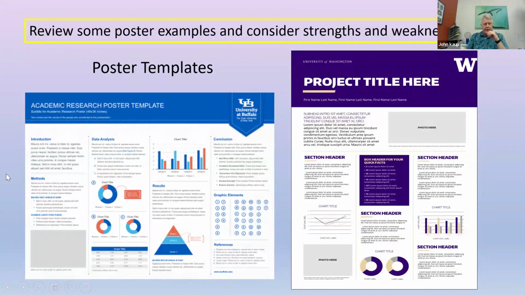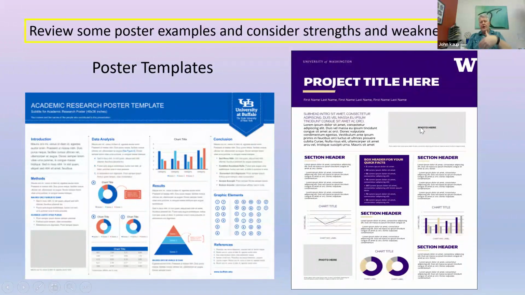This one is in landscape mode and is pretty traditional, where it has the intro, methods, data analysis, results, steps all the way through these different sections. You may have different sections depending on your research and your results. But any of these can help you get an idea of templates for font sizes for subheadings, color schemes, and things like that. The one to the right is a little bit more of a general one.